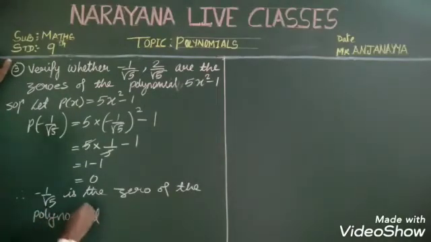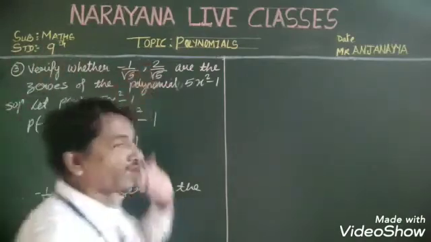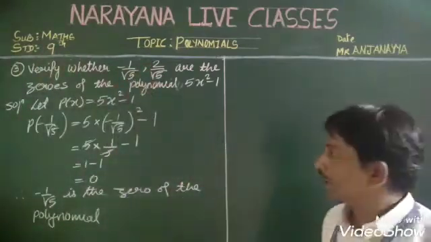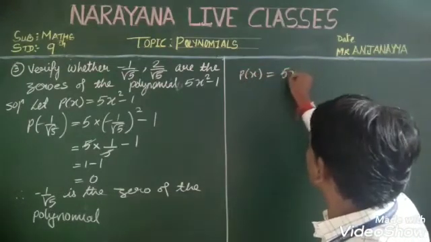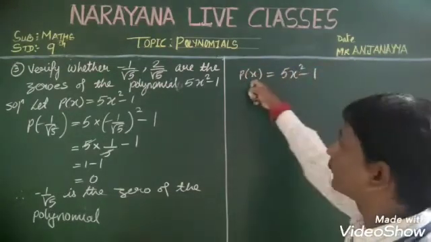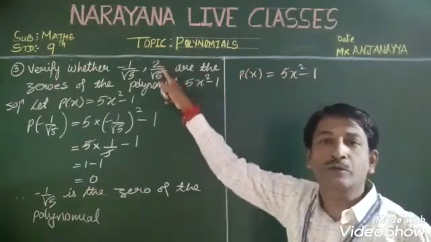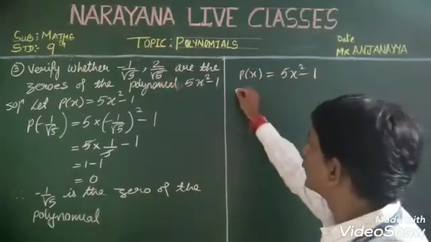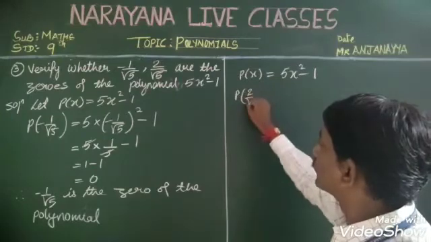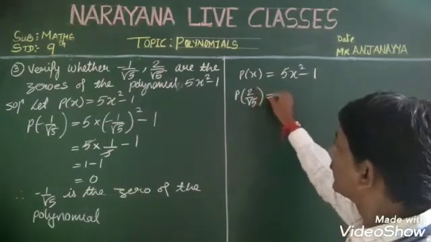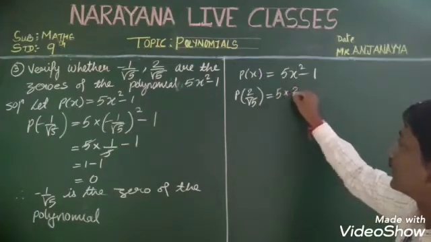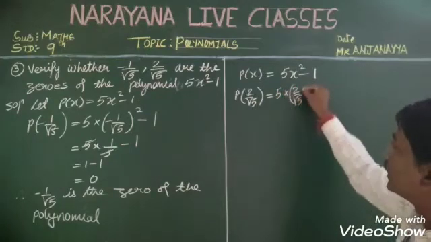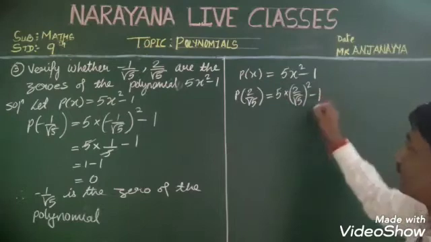Now to check the second one, that is 2 upon root 5. Again, we know the polynomial p of x is 5x square minus 1. In place of x, I substitute 2 by root 5. So what I get is 5 into 2 by root 5 the whole square minus 1.